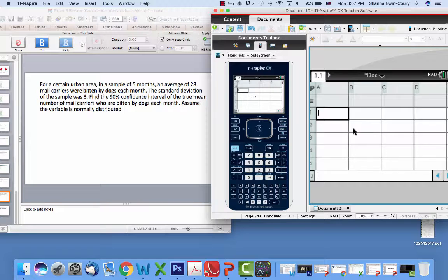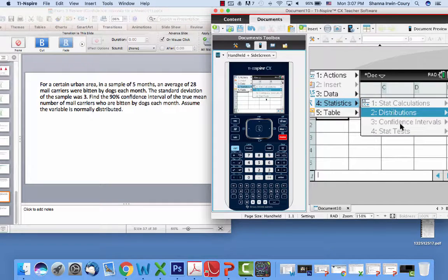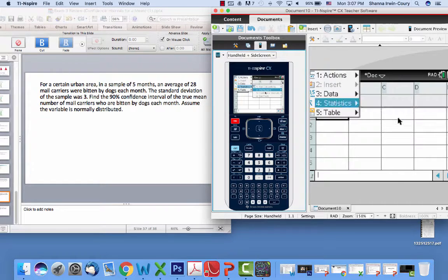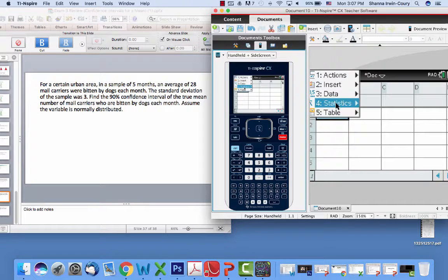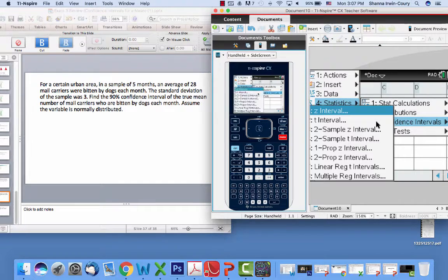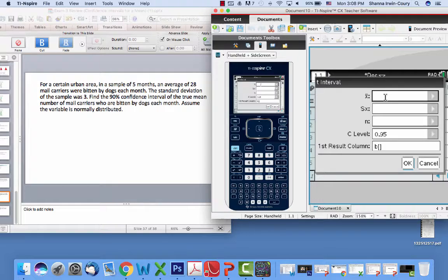If you accidentally click in that box so that the cursor is flashing, when you go to menu, you won't be able to do stuff. So just click it till it's blue and then go menu, statistics, confidence intervals, T interval again, sample size 5, don't know the population standard deviation, but this time I'm going to do stats, because I do know the mean and the standard deviation already.